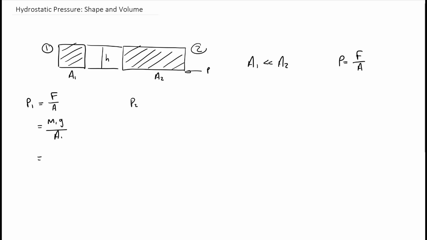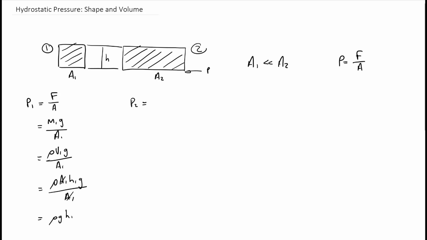We can say that the mass equals the density multiplied by the volume in 1, times the gravitational constant over A1. We can now say that the volume equals the area at the bottom multiplied by the height of the tank, multiplied by the gravitational constant, and suddenly these two areas cancel out and we have that P1 equals rho g H1.